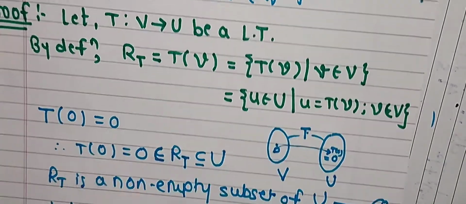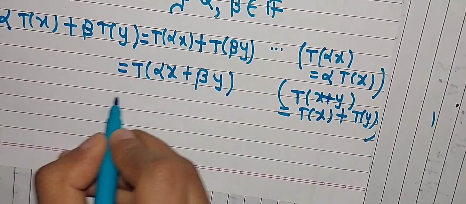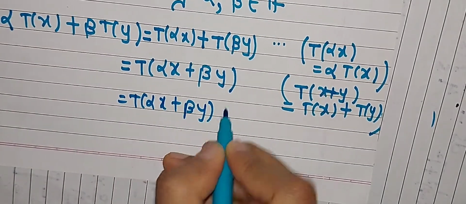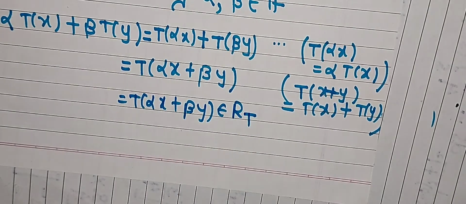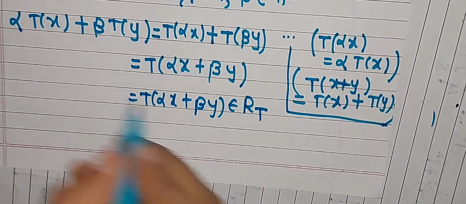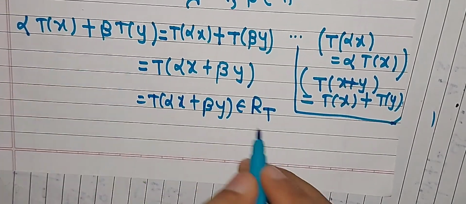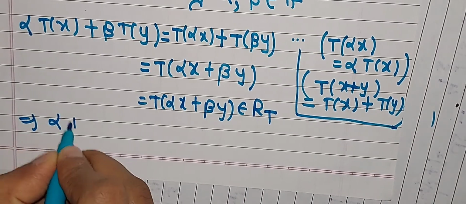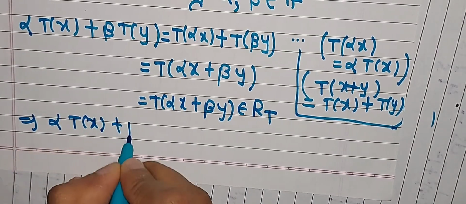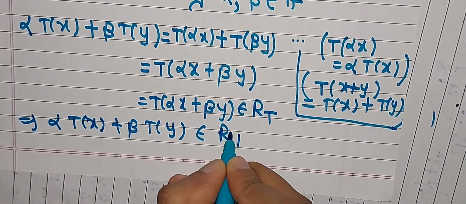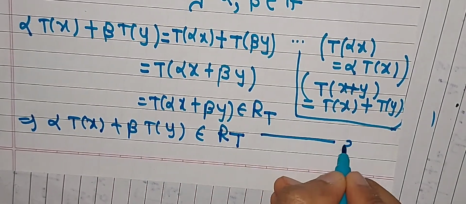Therefore this will belong to our range of T, that is R of T. Okay, range of T. When the RHS belongs to R of T, then automatically the LHS also belongs to our range of T. So hence we have obtained alpha T of x plus beta T of y belongs to our given set R of T, and this is nothing but our equation number 2.